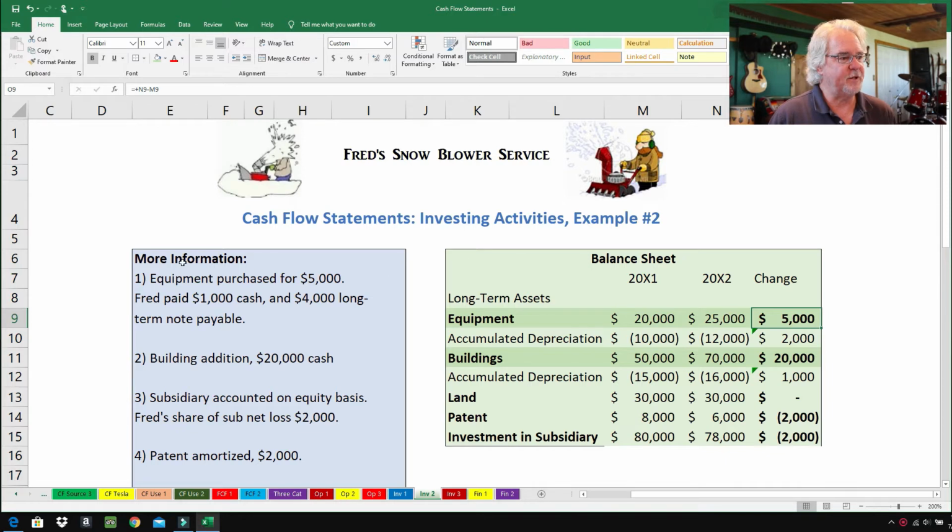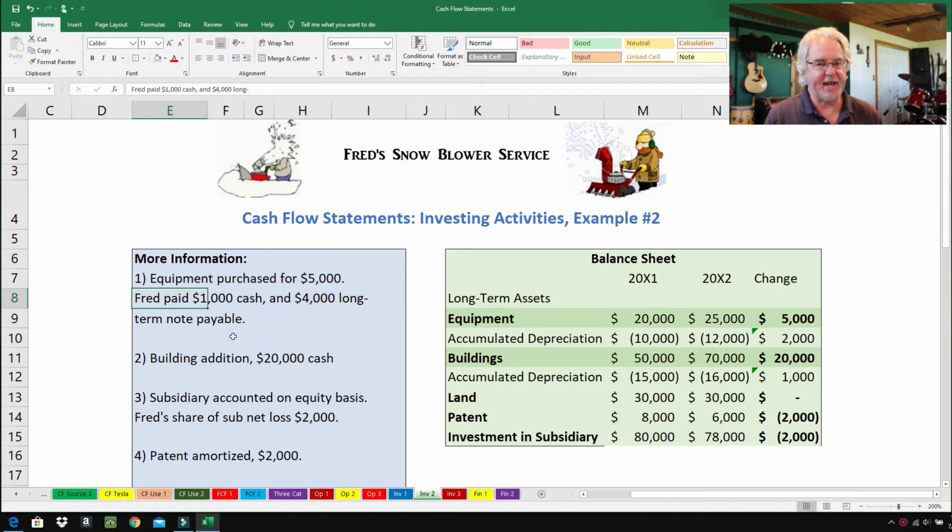So I have some other information over here on the left-hand side. More information. So let's see what's going on. Equipment was purchased for $5,000. Well, that explains the $5,000, but this is a cash flow statement, so we have to focus on cash. So here's what's happening. Fred paid $1,000 cash and a $4,000 long-term note payable.